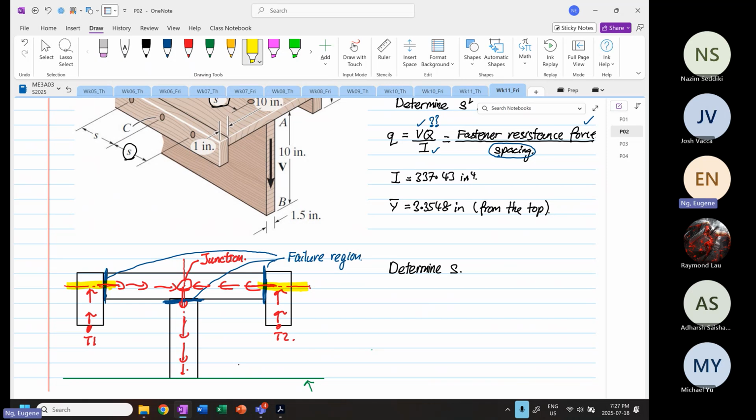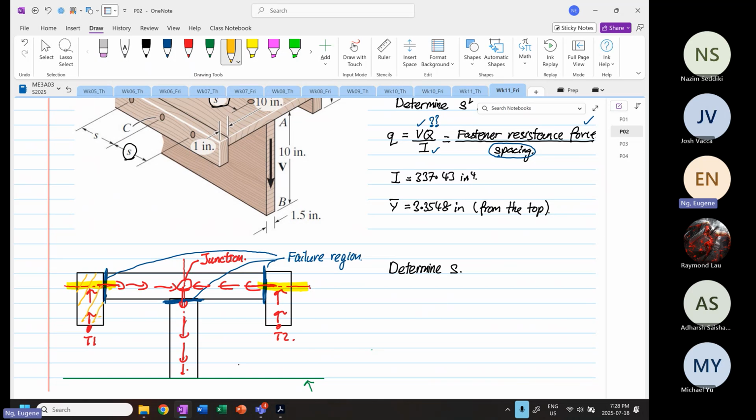The first moment of area that we have to consider is only this. You don't need to consider from T2. You only need to consider T1. Why? Because T1 and T2 are not linked at all.